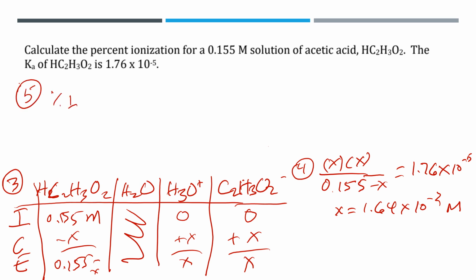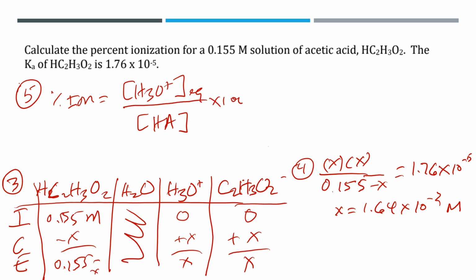The percent ionization equals the concentration of hydronium ion at equilibrium over the initial acid concentration times 100. So 1.64 times 10 to the negative 3 over 0.155. Those are both molars, so they'll cancel out, times 100.